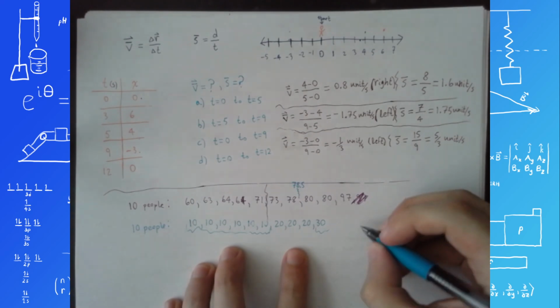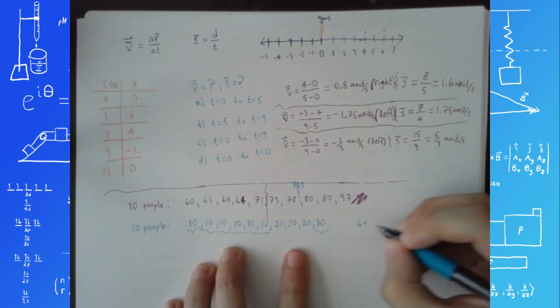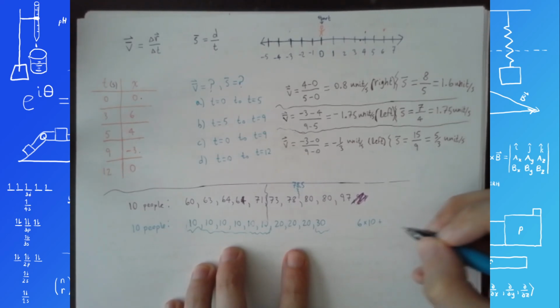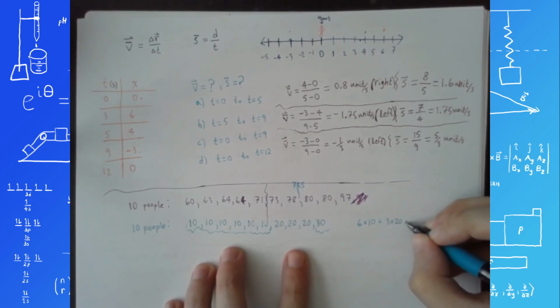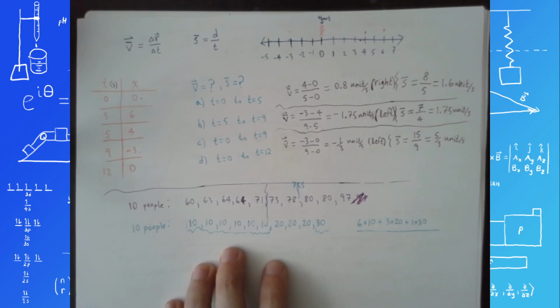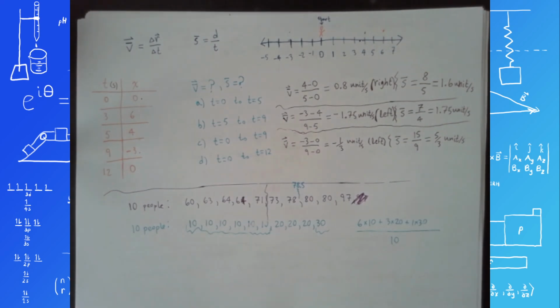So calculating the average here, I would do 6 times 10 plus 3 times 20 plus 1 times 30, all divided by the total number of contributions, the total number of scores, divided by the 10 people.